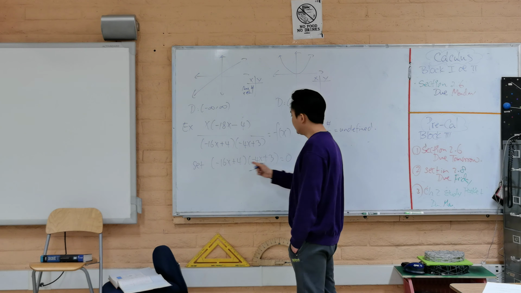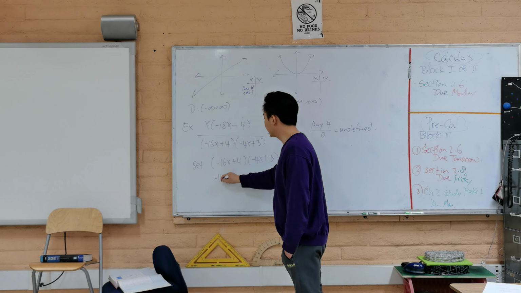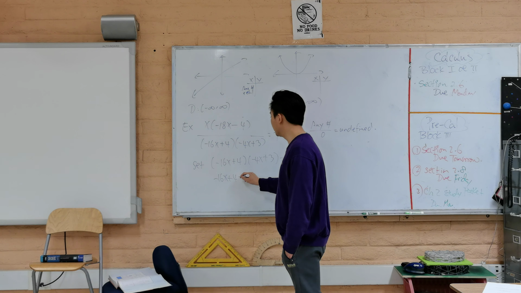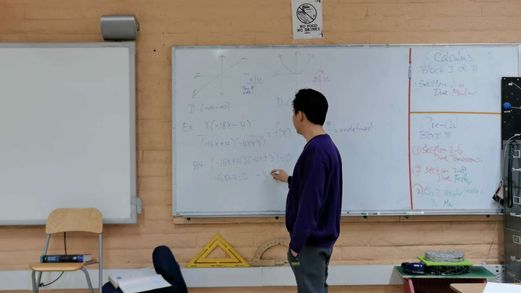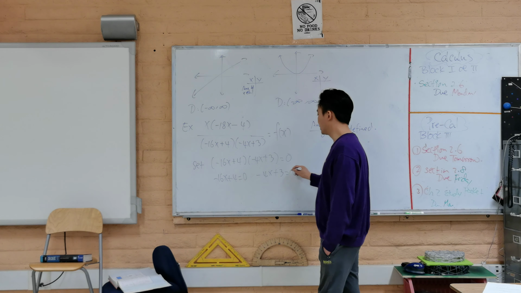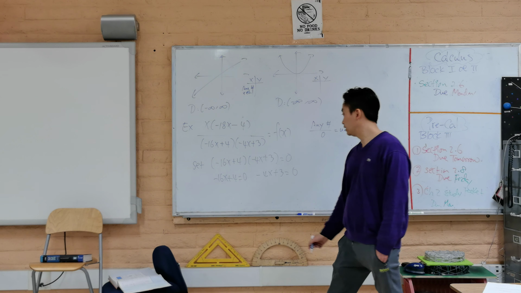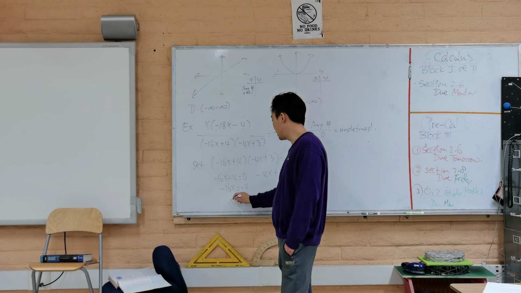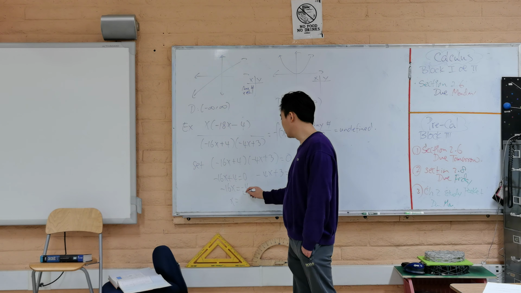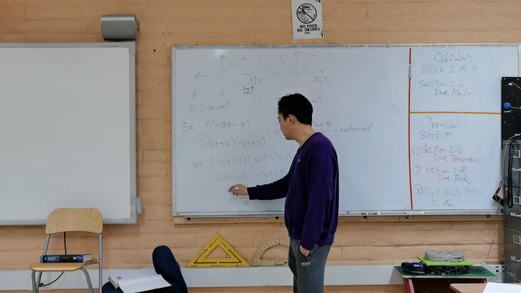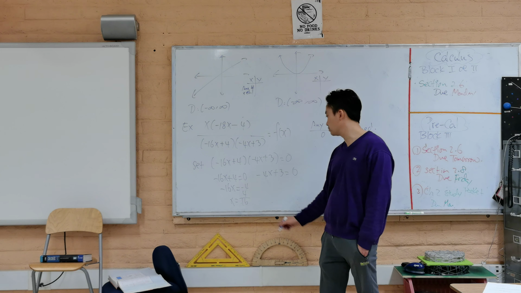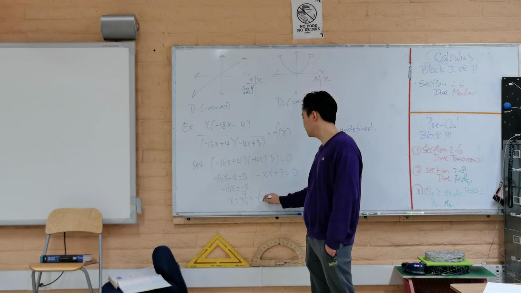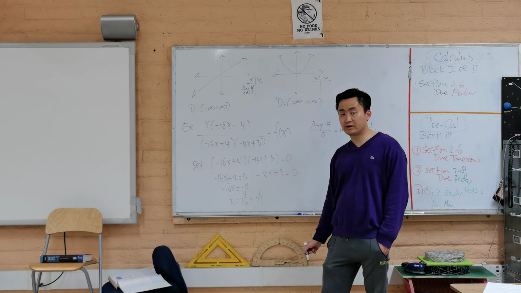Negative 16x plus 4 equals 0, and then negative 4x plus 3 equals 0, so we can find the restriction. Negative 16x equals negative 4, so x equals 4 over 16. It's negative over negative, it's positive, reduce. So 1/4. That's one of the restricted values.